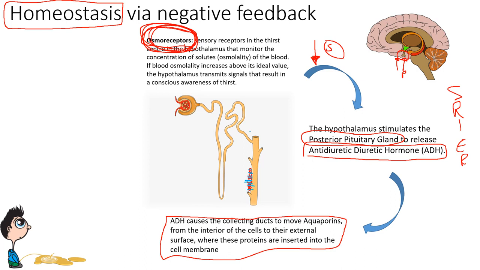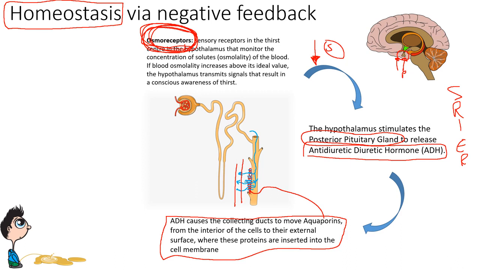So any water that comes down here to the collecting duct, remember that's going to form urine in the bladder, this water then is allowed, through osmosis, to be put back into the blood, because the hormone triggered these aquaporins to be present on the cell membrane.